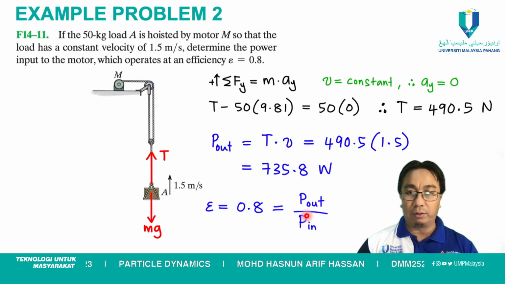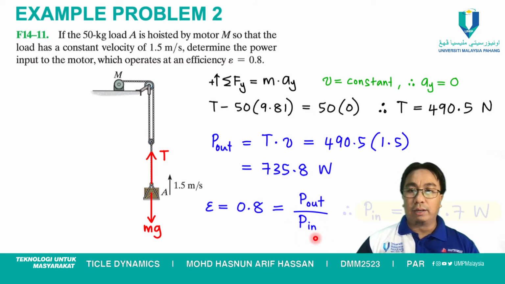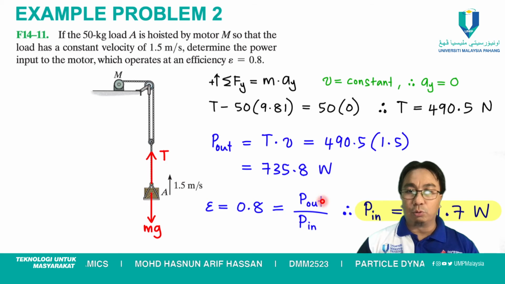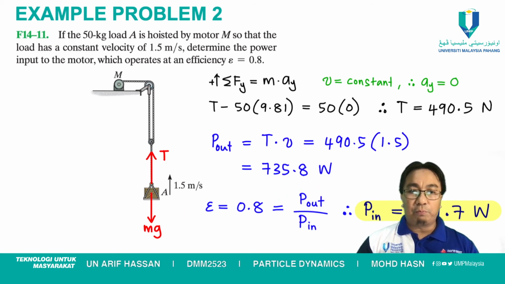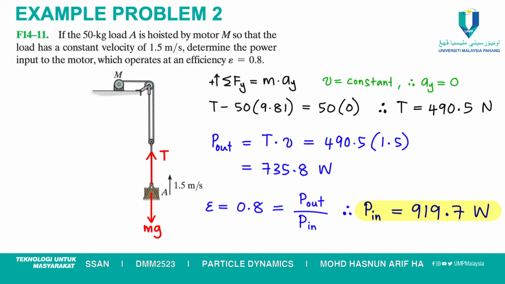P in is the one that we are interested in. So then we have P in is equal to P out, which we have here, 735.8, divided by the efficiency of 0.8. So we have P in equals 919.7 watt. Okay, so this is the input power.